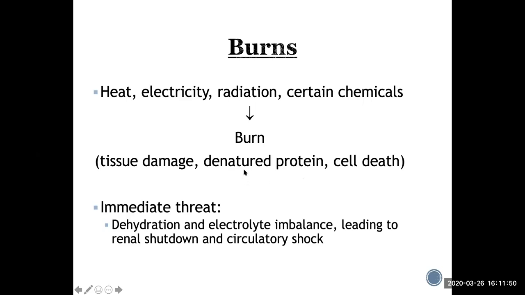So remember, under high temperatures or in a too high or too low pH, those primary, secondary, tertiary, and quaternary structures of your proteins, remember, they're the order of the amino acids, and then they fold, and they fold again. All of that structure of the protein can break down, and they can unfold and disintegrate. And we call that denaturing. That can happen with a burn. And then, of course, cell death. So you'll have cells dying.